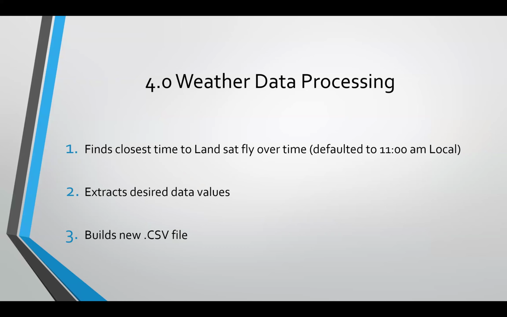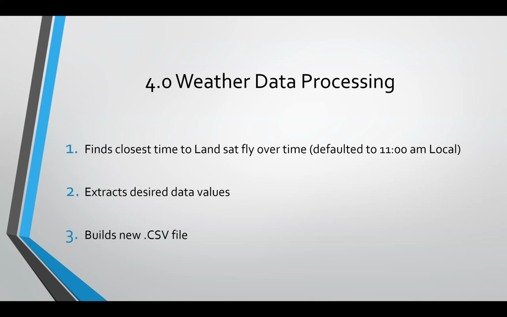And then finally, the weather file that we needed to upload, you do have to process that. I have it loop through every single Landsat image, and it selects the date from that image, and then it finds the closest solar noon, because that's about when Landsat flies over. If you're on daylight savings time, that's different; if you're on standard time, it's really closer to actual 12.